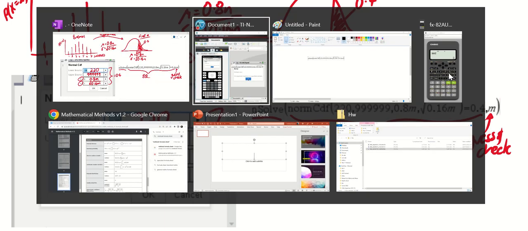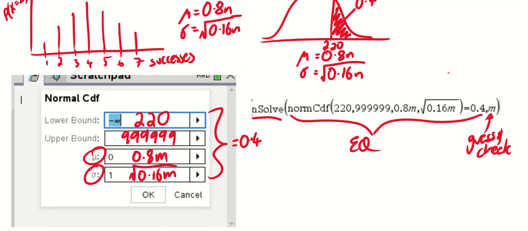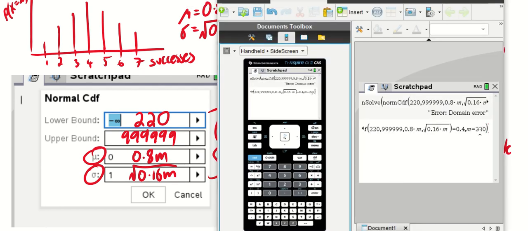Go ahead, put that in your calculator, and you'll probably get a domain error. What that means is that something weird happened with your guesses and it couldn't evaluate normal CDF, so we just need to change this m to give it a better guess. So let's change the last little bit to start the guess at 220, which hopefully should give it a solution.